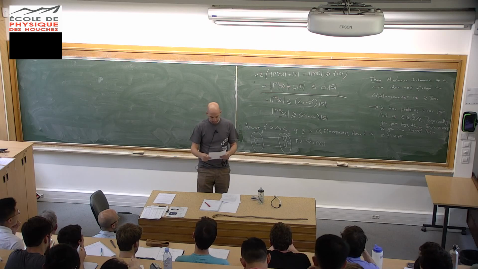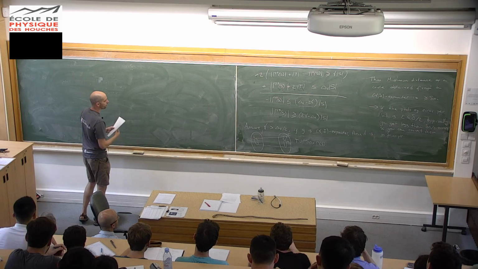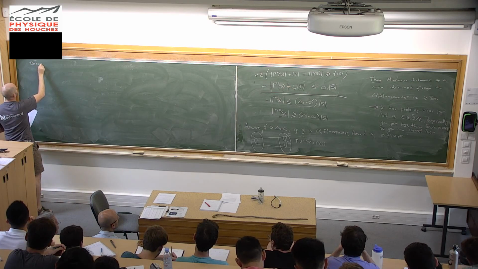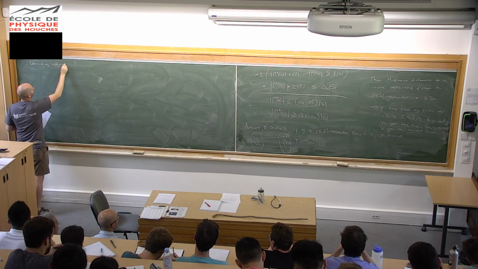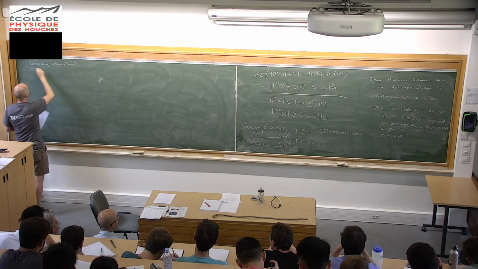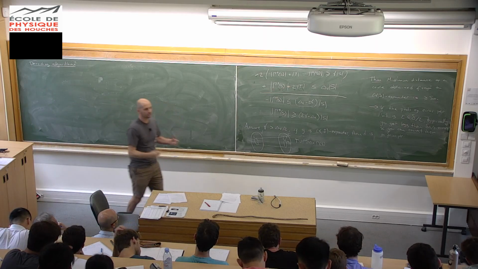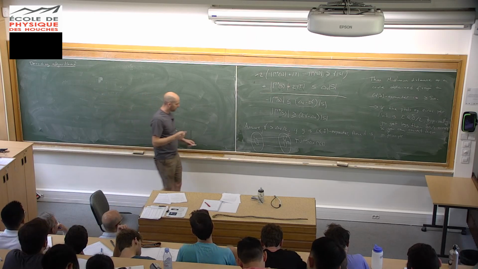Okay. So now I want to describe a decoding algorithm. And maybe I want to take a few minutes. This was not in my notes, but I want to stress the importance of the decoding algorithm.